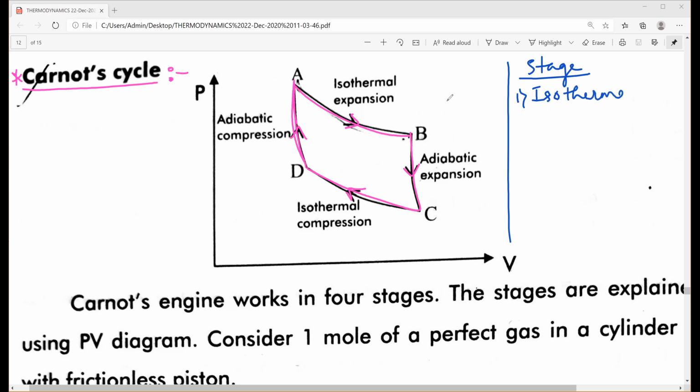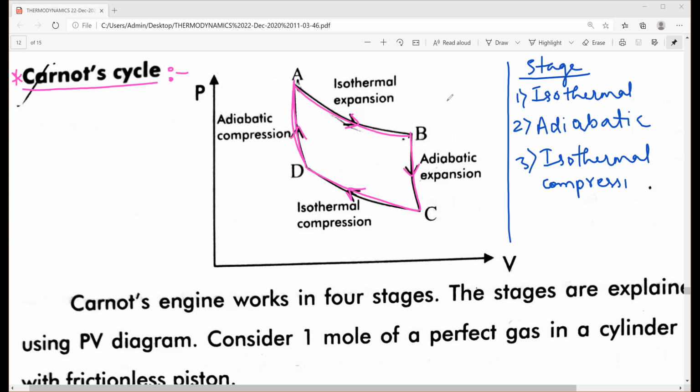Second, adiabatic expansion. Third, isothermal compression. And fourth, adiabatic compression.